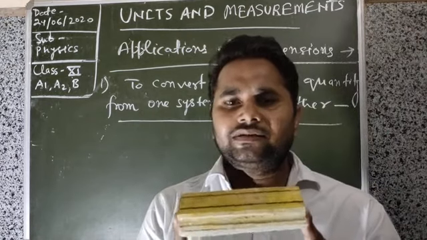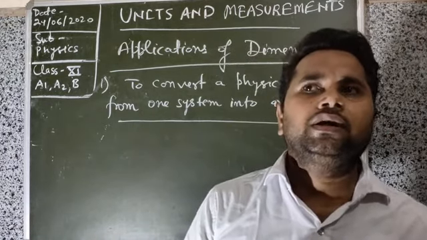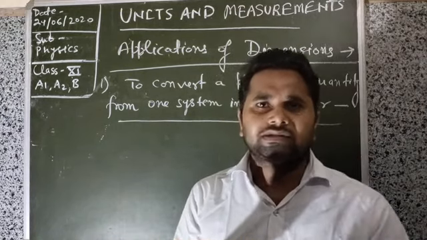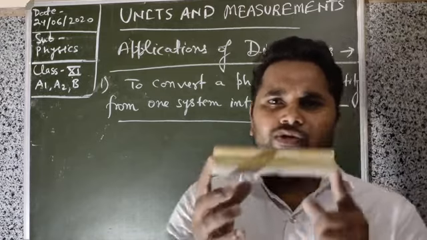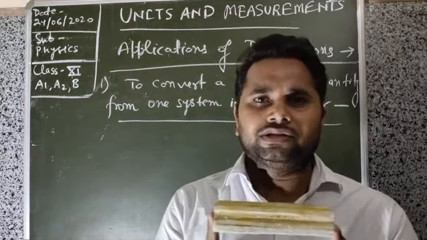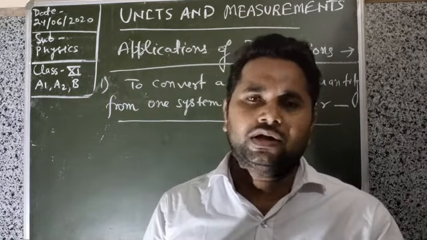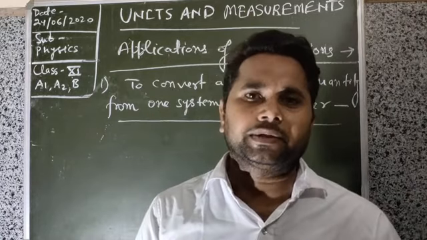Then in the CGS system its length is 15 centimeter. If you change the length of this duster into MKS, in meter, its actual length will not change, only its measurement will change according to the system.